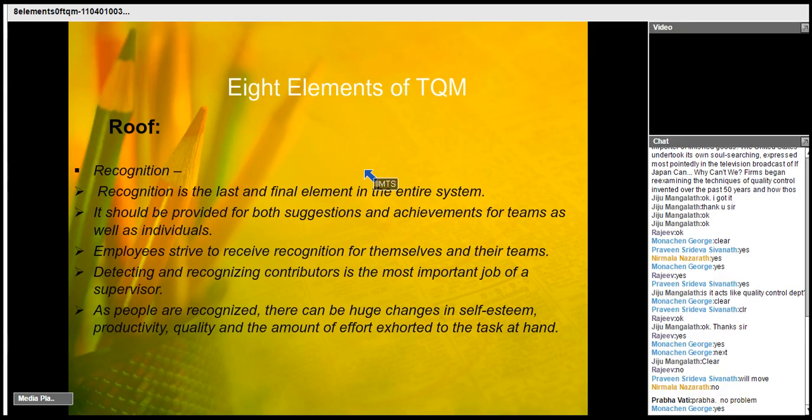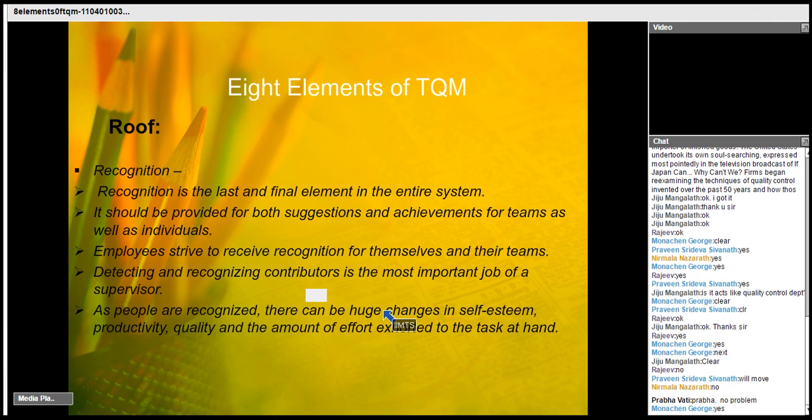Recognition is the last and final element in the entire system. It should be provided for both suggestions and achievements, for teams as well as individuals. Employees strive to receive recognition for themselves and their teams. Detecting and recognizing contributors is the most important job of a supervisor. As people are recognized, there can be huge changes in self-esteem, productivity, quality, and the amount of effort exerted on the task at hand. That is the roof part, the recognition part.